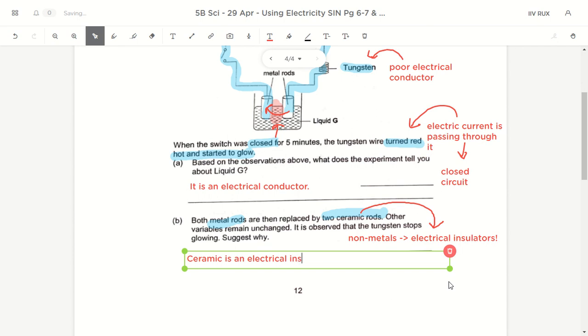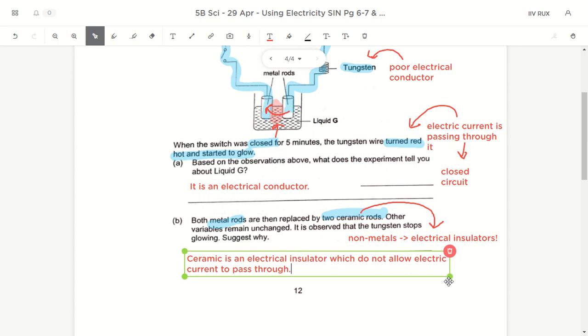And what does it mean by being an electrical insulator? It means that it does not allow electric current to pass through. So if I change to ceramic rods, the ceramic is an electrical insulator.